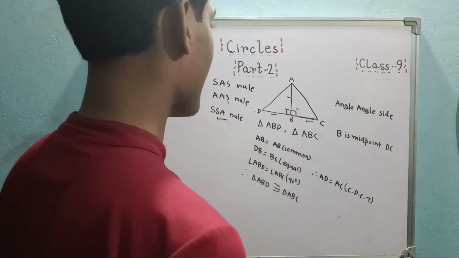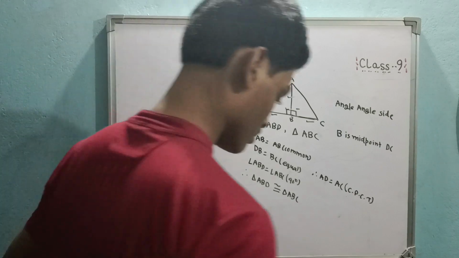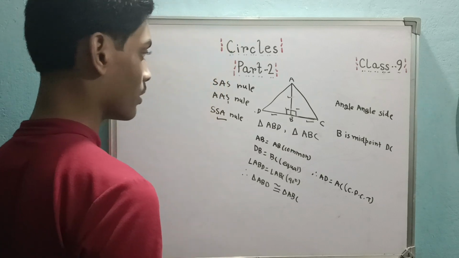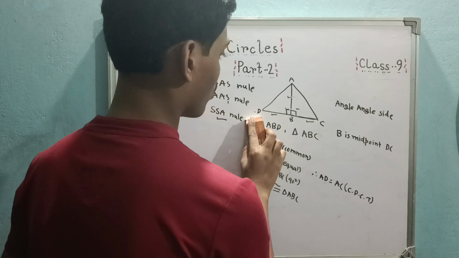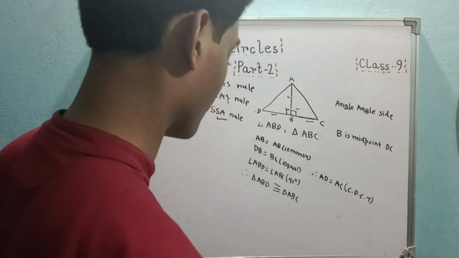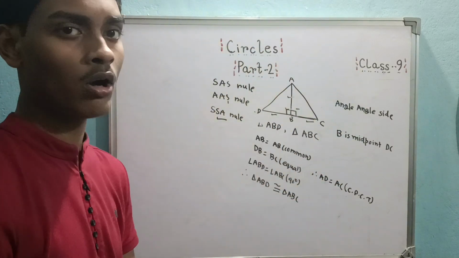So this is side angle rule. What else can we have? I can explain it through an example. So we will see the questions actually. You can understand what is the rule, right? Means you can use any rule to prove that the triangles are congruent.